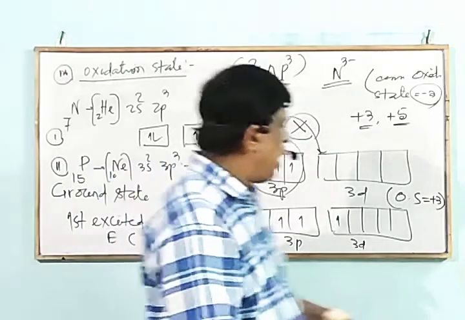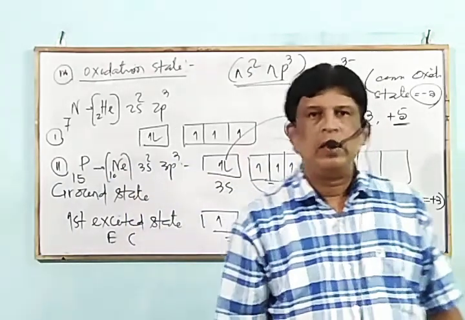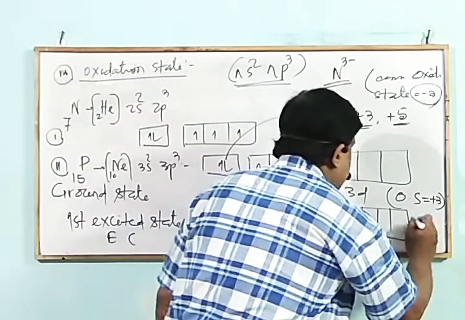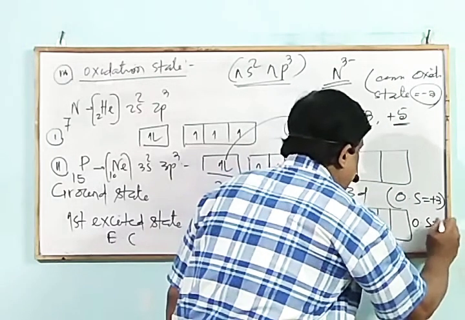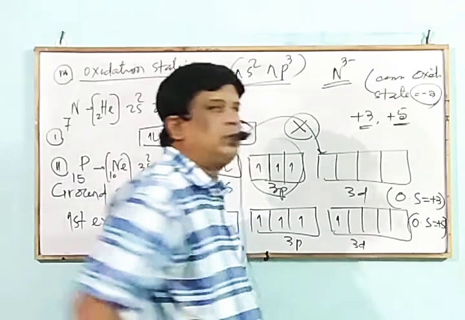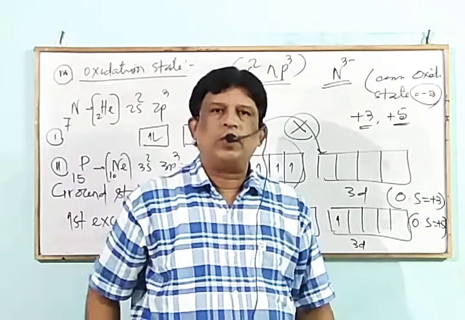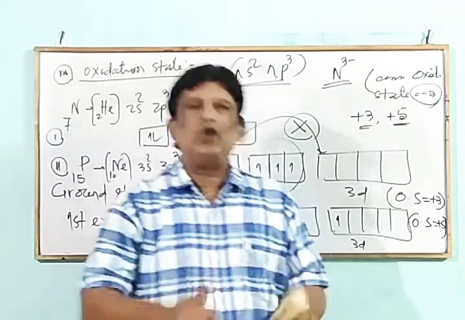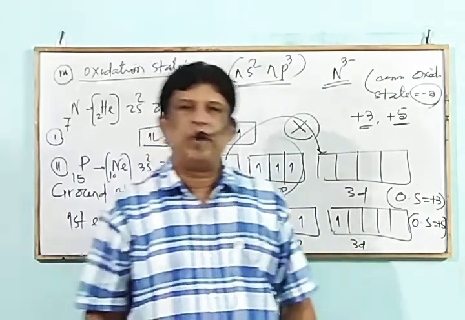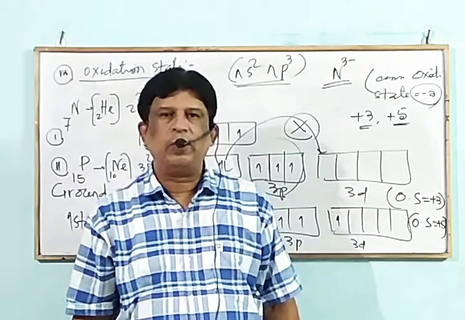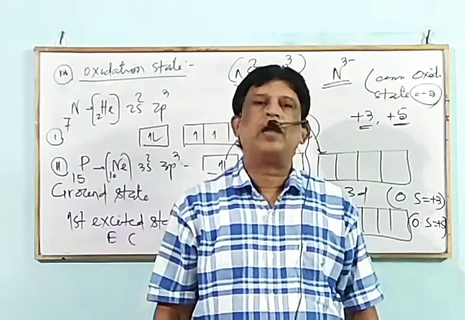Since 5 unpaired electrons are there, they donate 5 electrons and exhibit an oxidation state of +5. So other members of this family, in addition to the common oxidation state of -3, also exhibit oxidation states of +3 and +5.